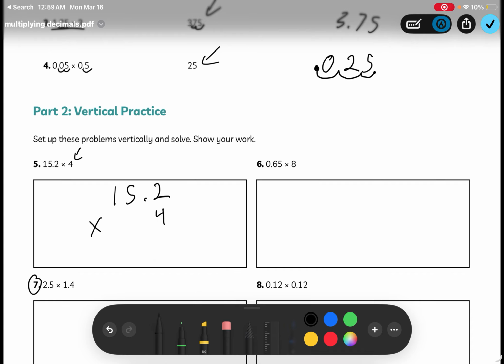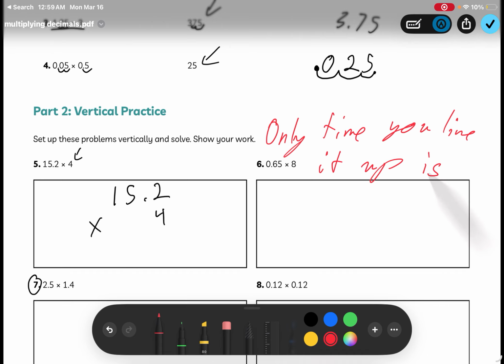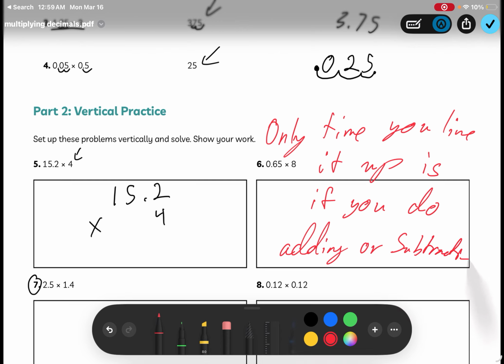The only time, and let me put it in red, not the eraser, the only time you line it up is if you do adding or subtracting.